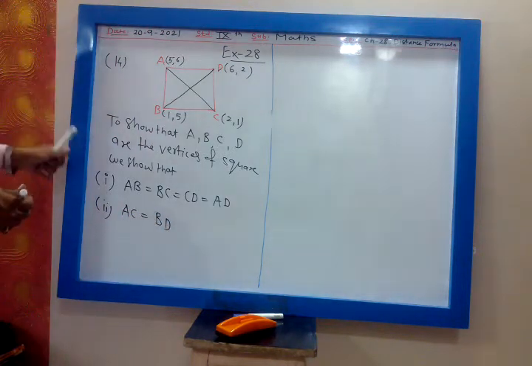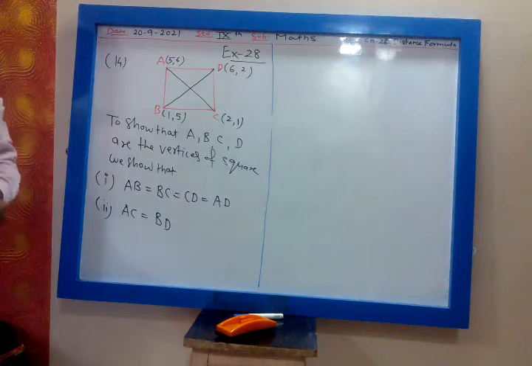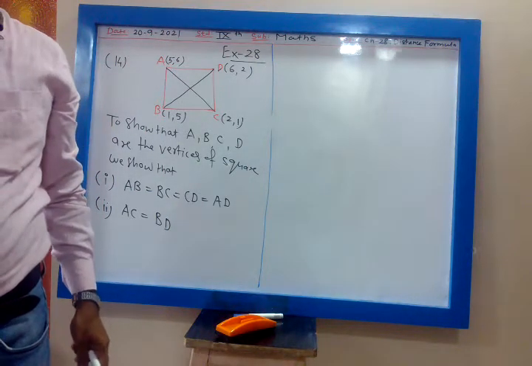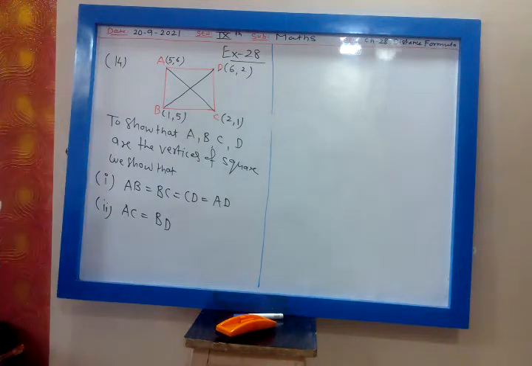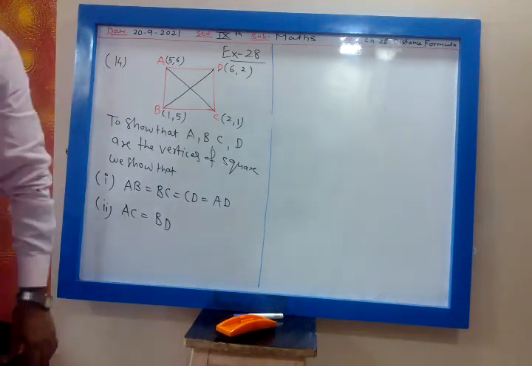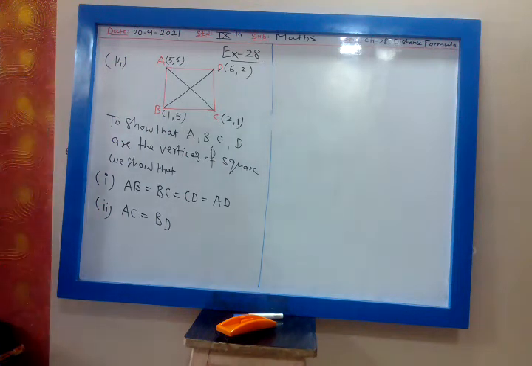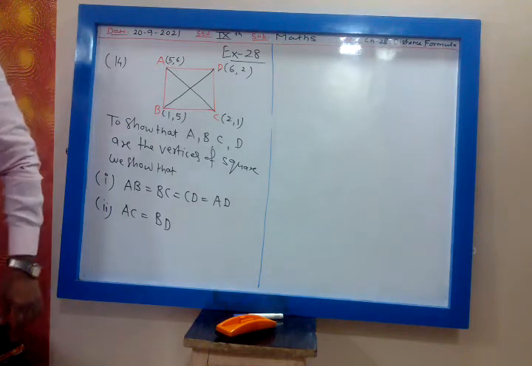Chalo, very quickly find AB, BC, CD, AD. Use the distance formula and find out. Just do it fast.